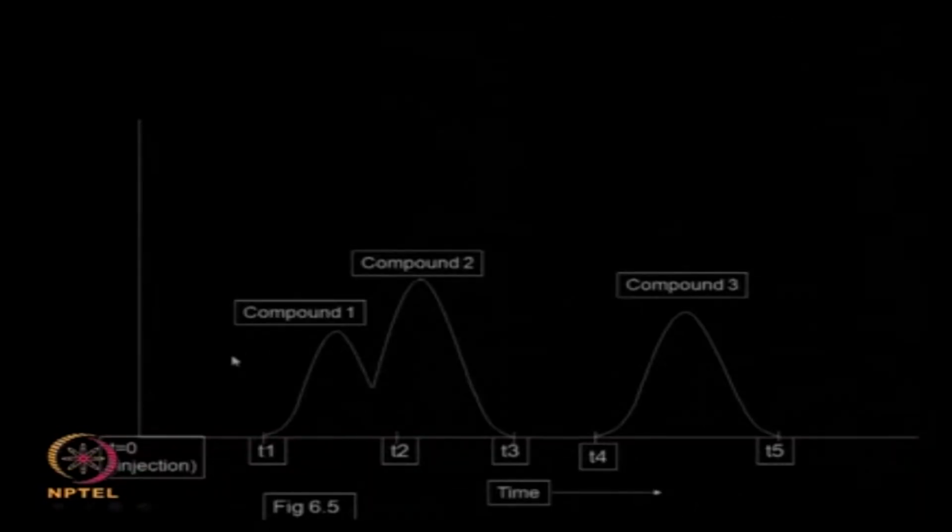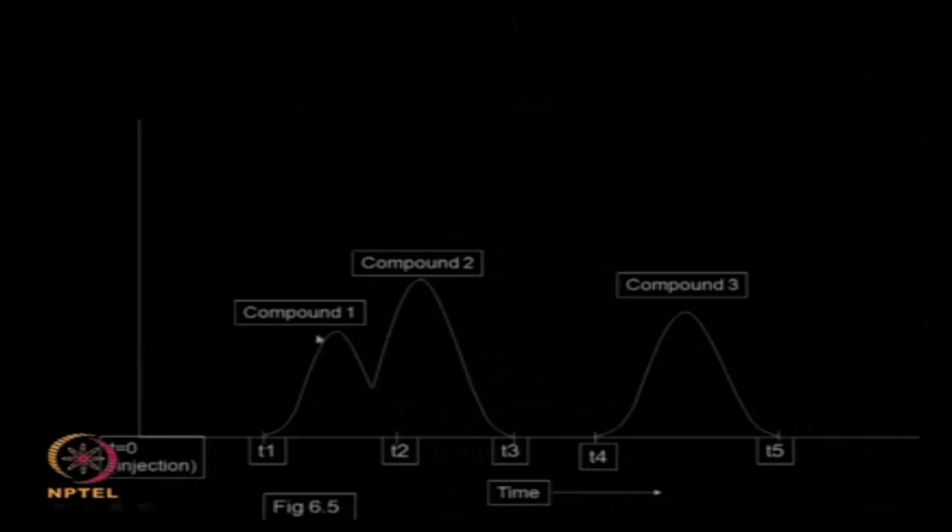So if you have many proteins or many components, you may have the response like that. This one comes out first, followed by this one, and then finally followed by this one. So this particular compound takes much longer time than compound 1 and compound 2. If you look at this chromatogram, you see compound 3 is nicely resolved, whereas compound 1 and compound 2 are not so.